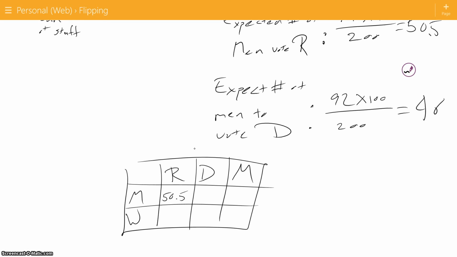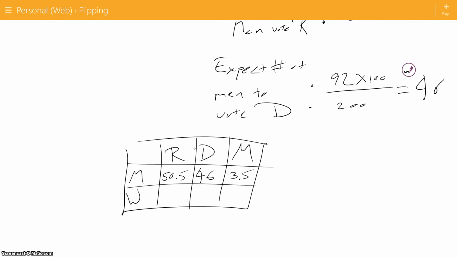I would expect to see 46. And I would also expect for the Minotaur party to see 3.5. And if this is independent of gender, then I should expect to see the same thing in both. So we're going to see that 50.5 is there as well. 46 is there, as is 3.5. If they truly are independent of gender, then aside from some minor fluctuation, we should expect to see the same number of people voting for the same things.